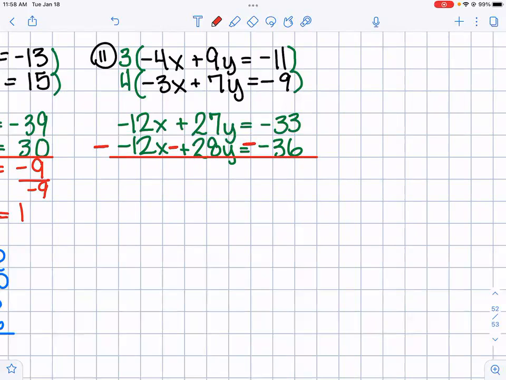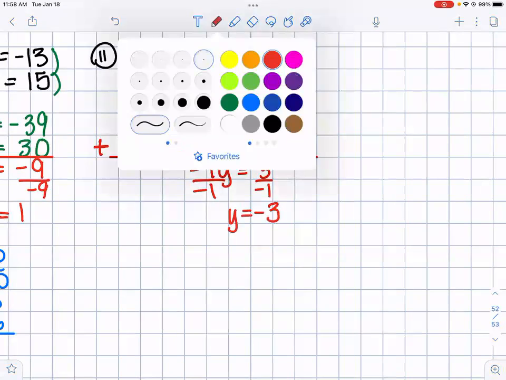Negative 12 minus negative 12 is the same as negative 12 plus 12, which is 0. 27 minus 28 is negative 1y equals negative 33 minus negative 36, which is actually negative 33 plus 36. So that would be 3. And then I have to divide by negative 1. So y equals negative 3.